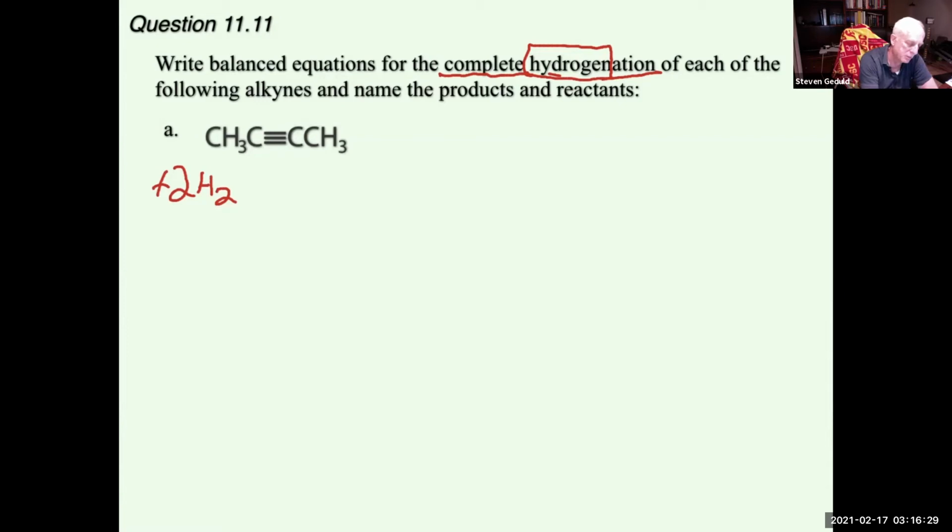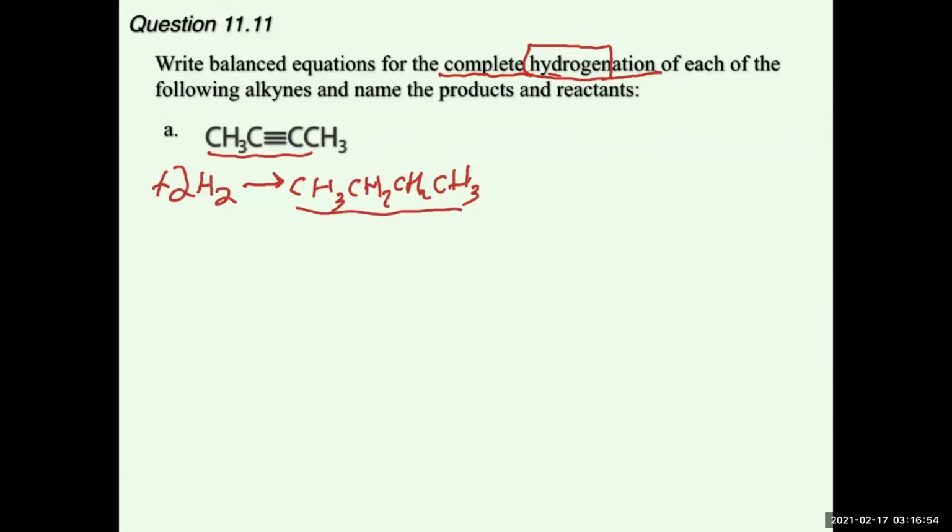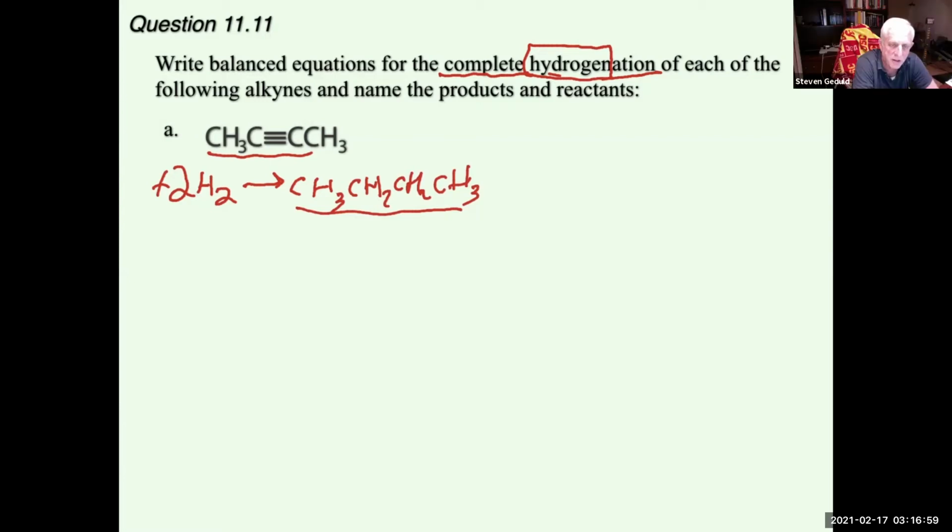Okay. So plus 2H2, and it's going to end up as CH3, right? And then we're going to add a hydrogen. We have 2 hydrogens to each carbon. So CH2, CH2, CH3. So name the starting compound and name the product. What's the name of our starting compound? Butane. Okay, 1, 2, 3, 4 carbons. What's the number? 2, perfect.